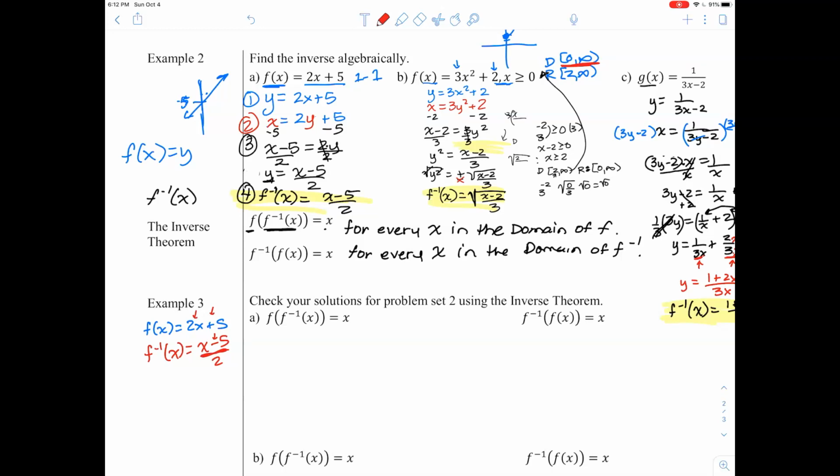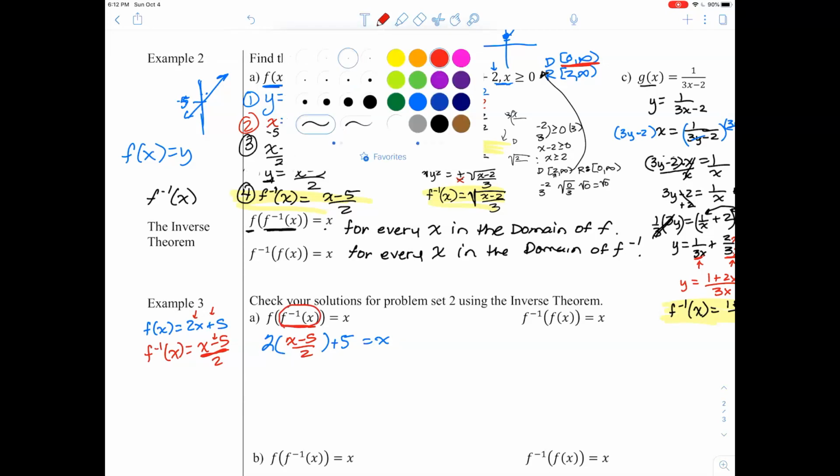The first thing we're going to do is take the original function, take out the x, and insert the inverse function here, x minus 5 over 2. So I'm composing, inserting the f inverse of x in for x in the original function.